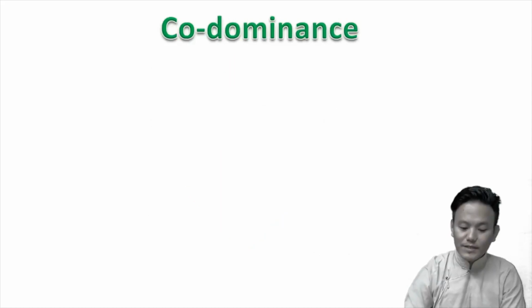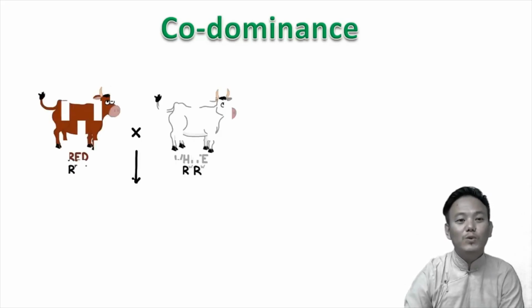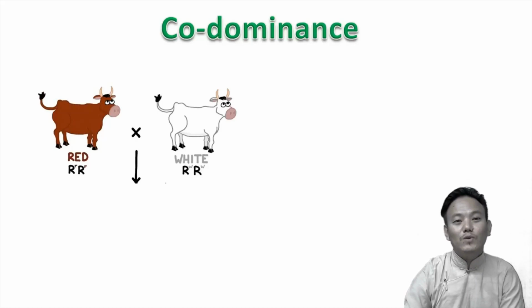So what is codominance? In order to understand what is codominance, I have given you one simple example of a cross between two cattle over here. These are the two parental cattle which differ in their coat coloration. One has a red coat, another parent has a white coat. I have also given you the genotypes of these two parents over here.